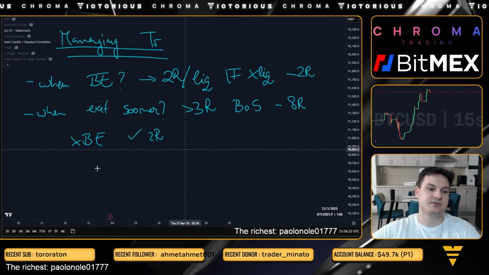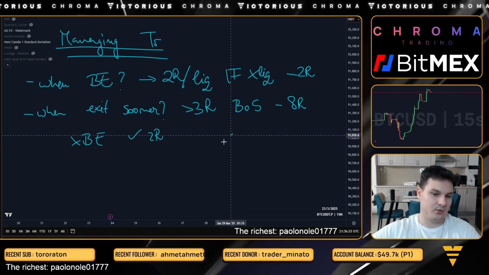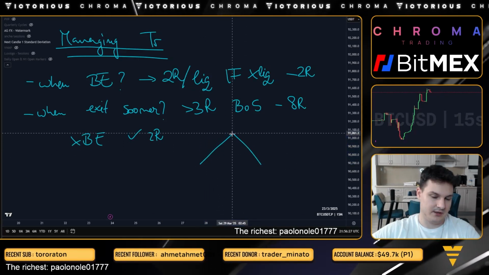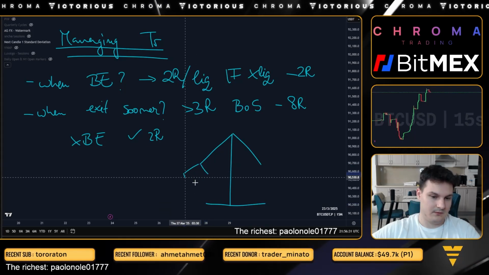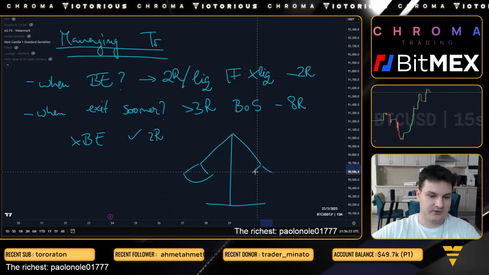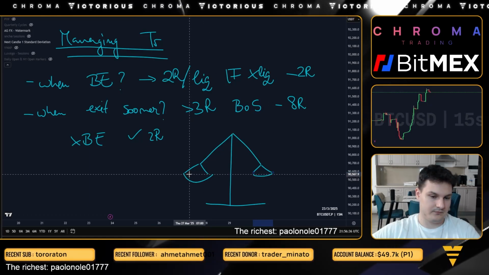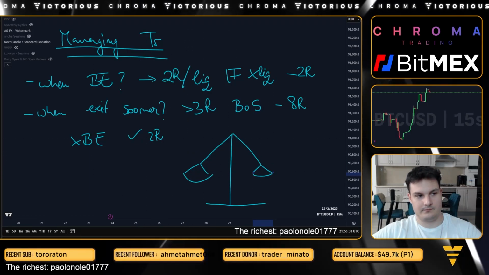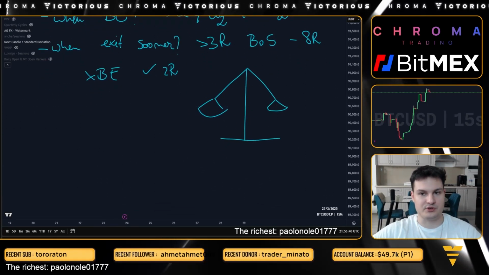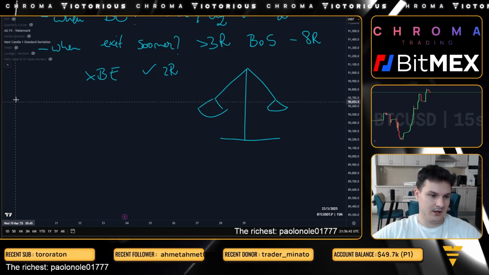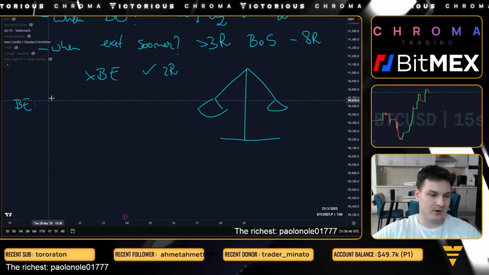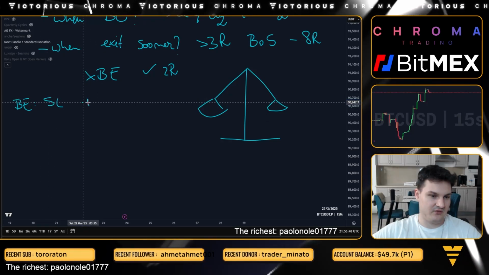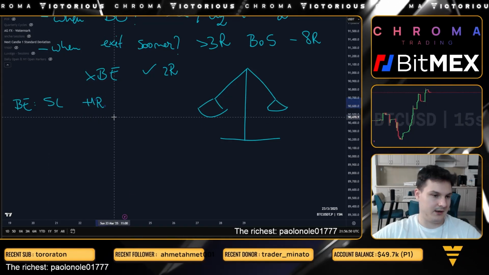What feels worse for you? And you need to put things in a balance. Like this is our balance, right? What feels worse for you? And let me say that there are 4 possible cases. You move stops break even and the trade would have gone to stop loss, so you save 1 hour in UPNL.